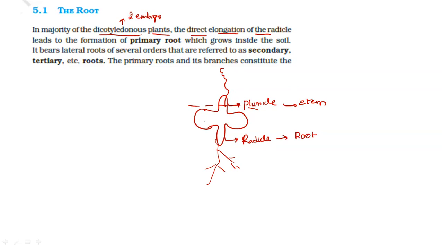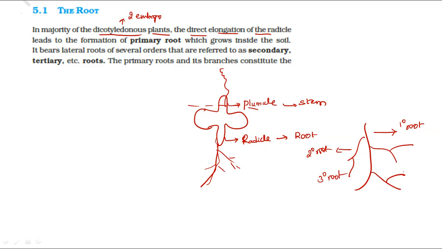So the direct elongation of this radical leads to the formation of primary root. So the first elongation is called as primary root, and then the next elongation is secondary root, and then comes the tertiary root. Okay, so this is secondary, this is tertiary, secondary, tertiary.